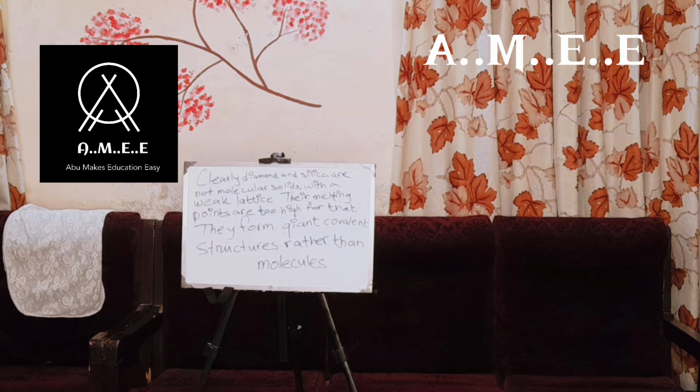Clearly, diamond and silica are not molecular solids, comma, with a weak lattice. Full stop. Their melting points are too high for that. They form giant covalent structures rather than molecules. Full stop.